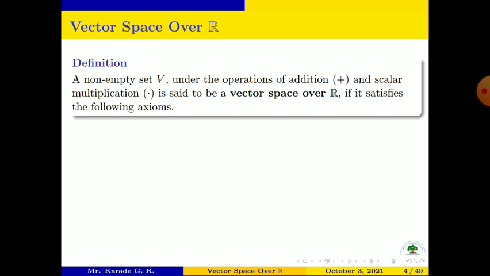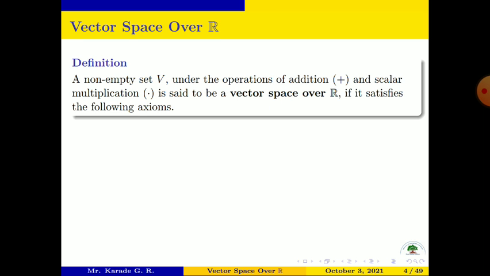So simply, to define a vector space over R we need a non-empty set V and two operations. The first operation we call the addition operation and the second we call the scalar multiplication operation.